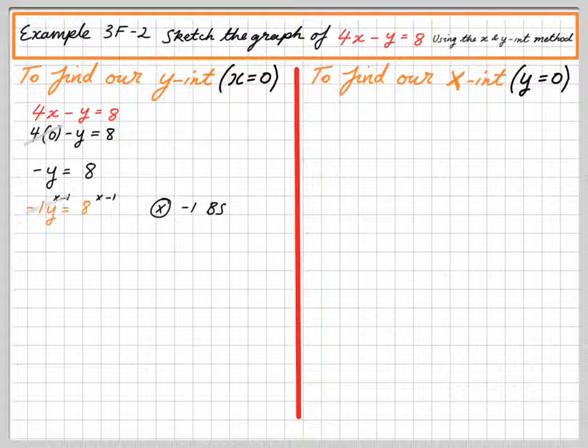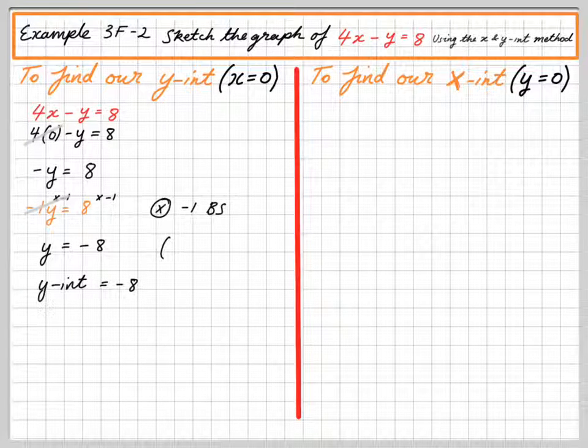Could you see that it cancels? So we're left with y is equal to negative 8. So we should know by this that our y-intercept is equal to negative 8, and the coordinate for our y-intercept is 0, negative 8.